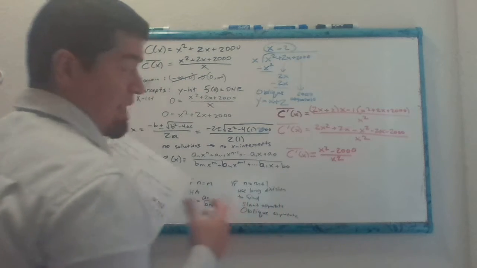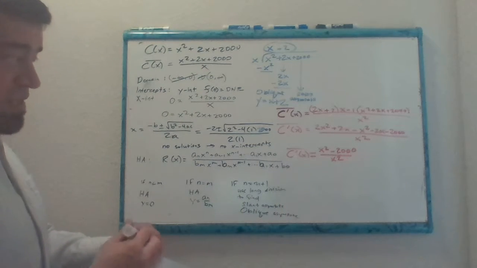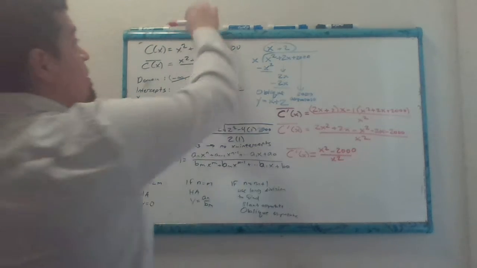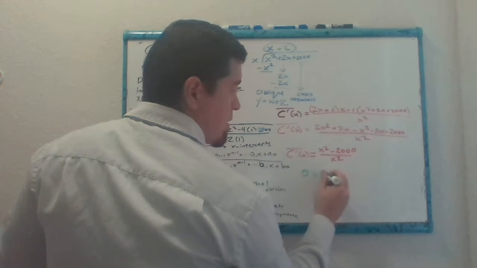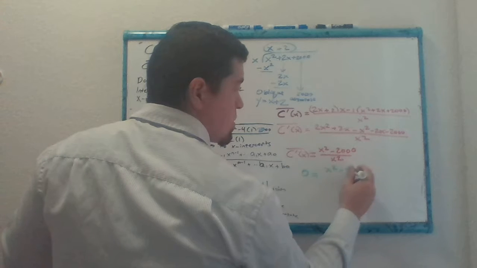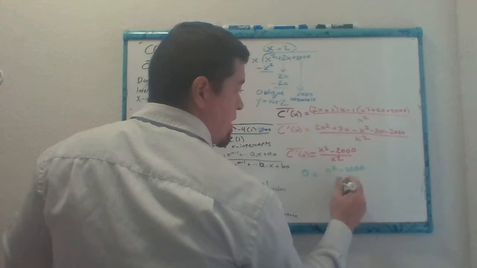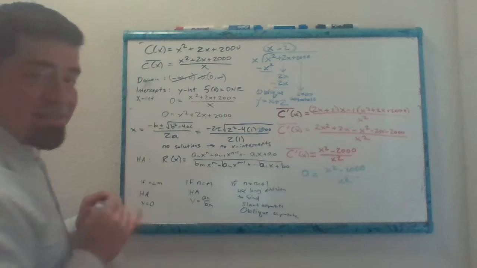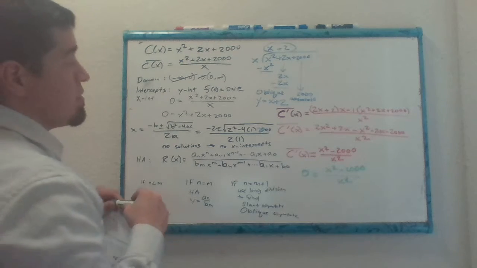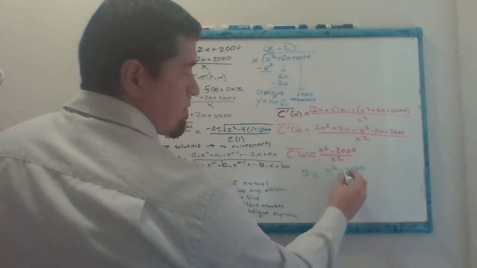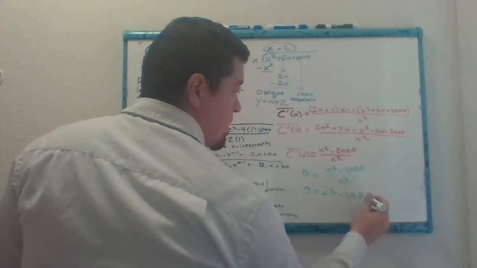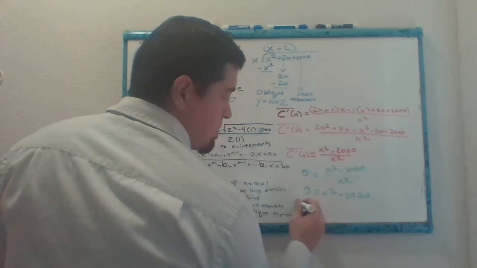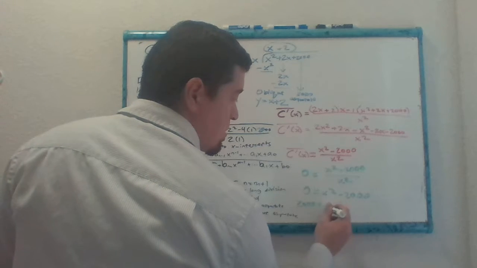Now we have to analyze this. We set it equal to 0, just like before. So x squared minus 2000 over x squared. But again, only the top matters, so we're going to solve this for the top. x squared minus 2000, if I add 2000 to both sides, I get 2000 equals x squared.